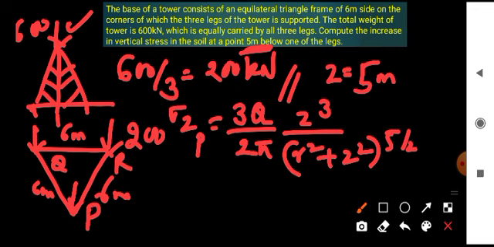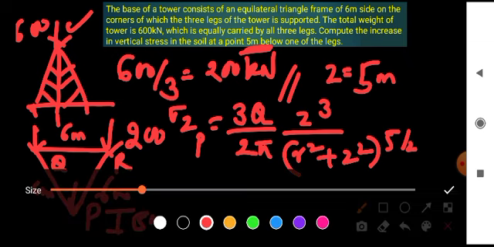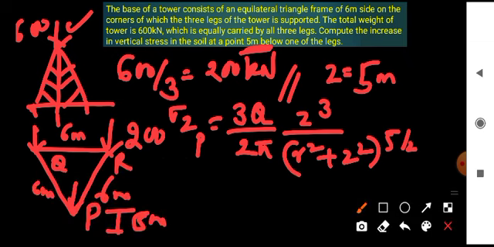Z is also the same, since at 5 meter depth we are going to calculate the vertical stress beneath the point P. The depth will remain the same, but R will be changing.